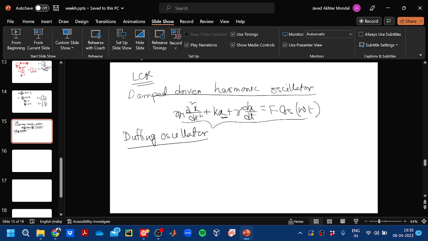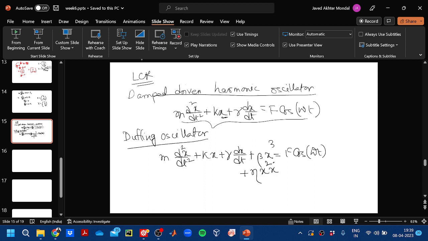But if we have a differential equation of this kind, d2x/dt square plus kx plus gamma dx/dt, plus a nonlinear term of x, beta x cube, maybe driven, say cosine of omega t, you can also include nonlinear damping, x square x dot. Any kind of complicated equation you can take. This is called the damping term. You can read about this damped oscillator, and this is nonlinear damping.